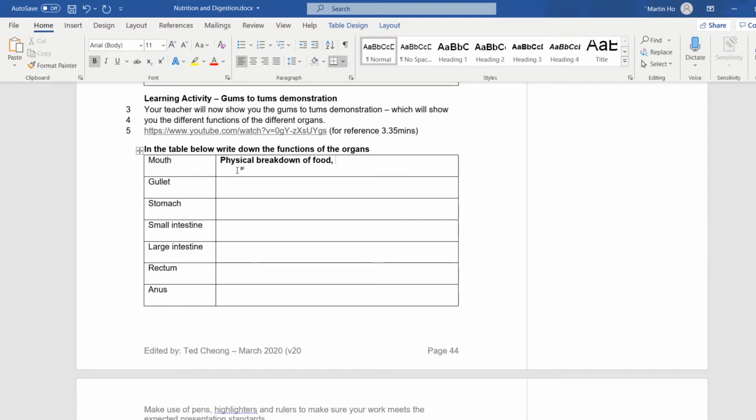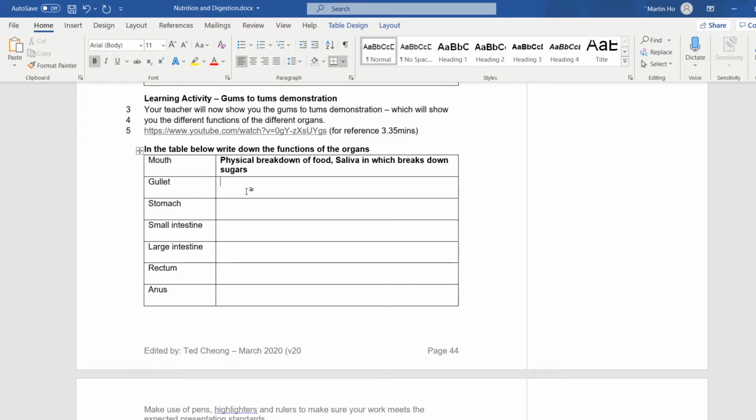But what we didn't know is that our mouths have saliva which breaks down sugars. So there are 2 types of breakdown in our mouth. Physical, which is through our teeth, as well as a chemical breakdown due to our saliva. Next, we have the gullet.